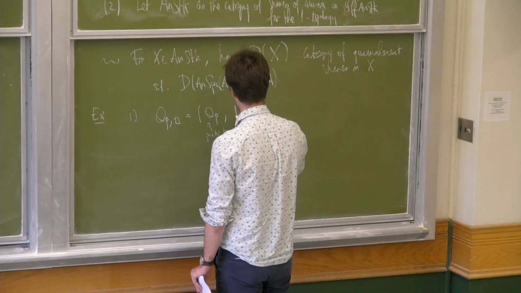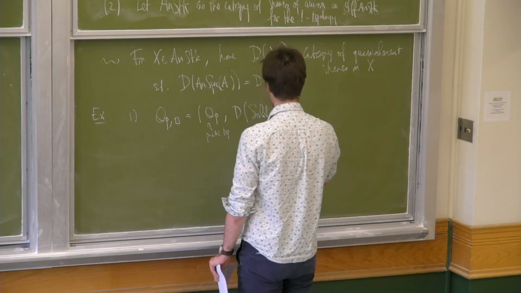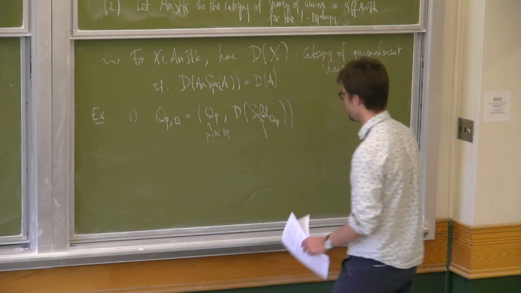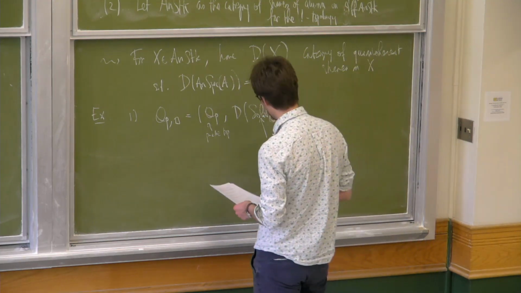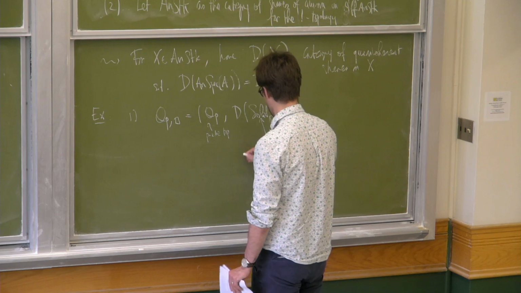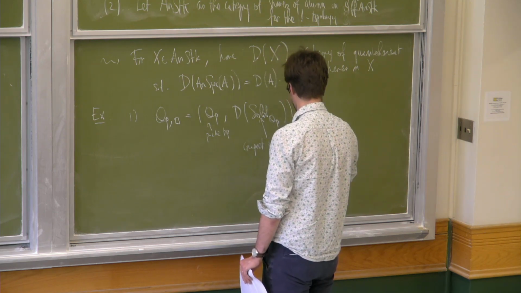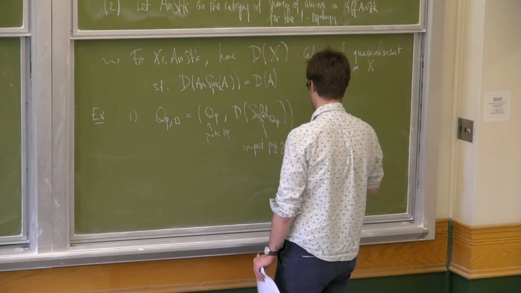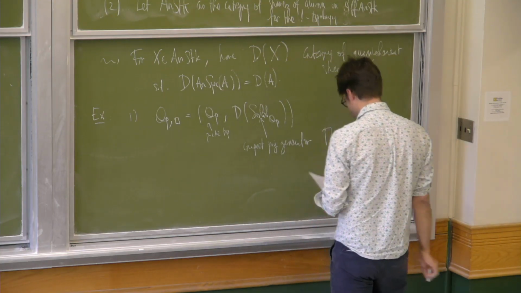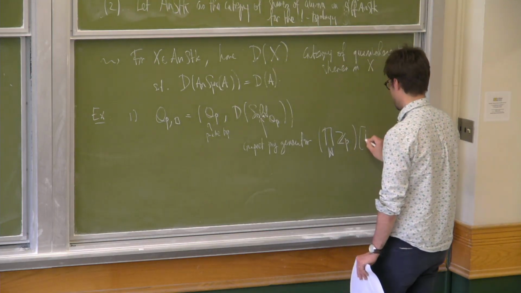And then you have a certain category, which in this case is just the derived category of a certain abelian category called solid Q_p. This is an abelian category which has one compact projective generator, which is given by the countable product of copies of Z_p, and then invert p.